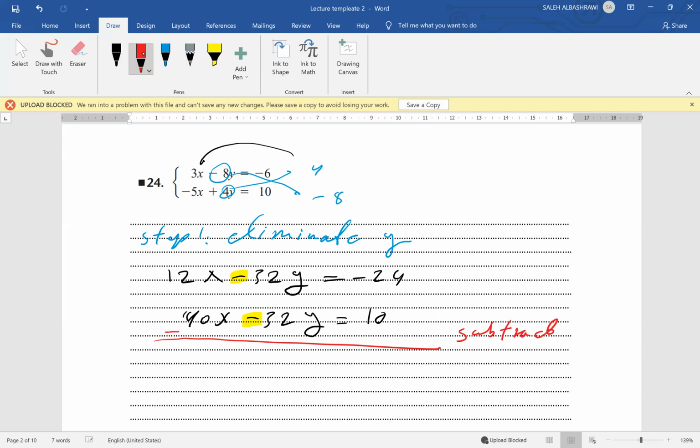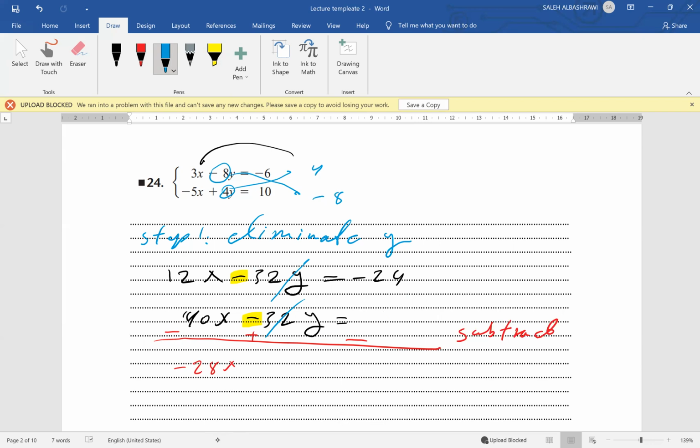This will be negative, positive, and negative. Now we can subtract: 12 minus 40 is minus 28x. Minus 32 plus 32 will cancel each other. Minus 24 and minus 10.